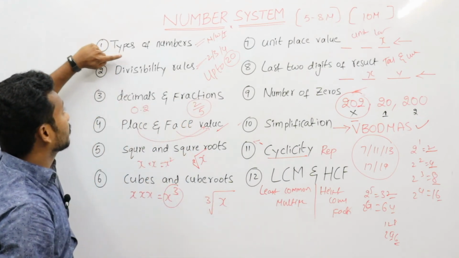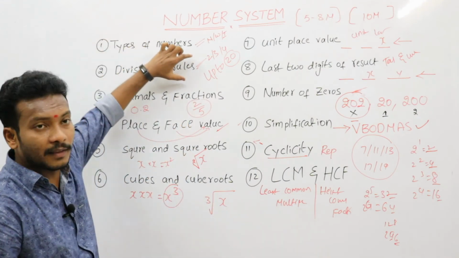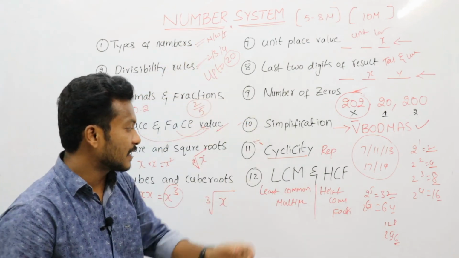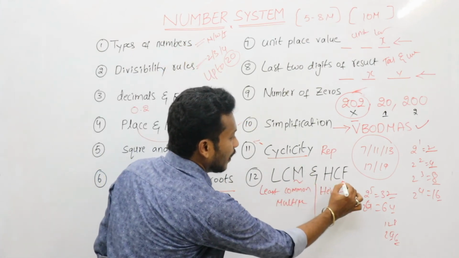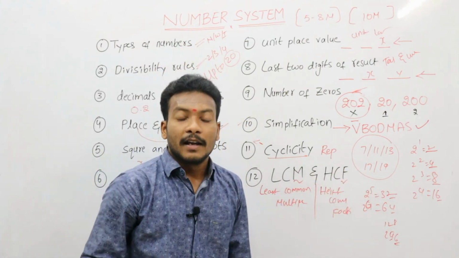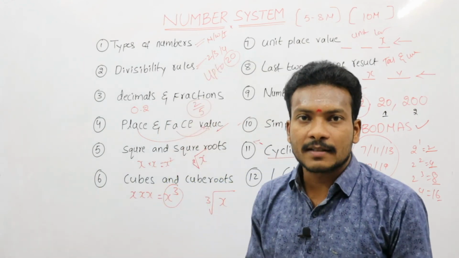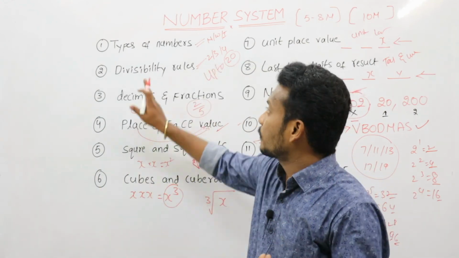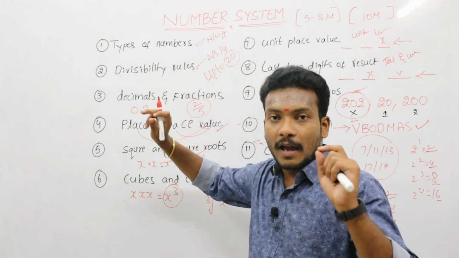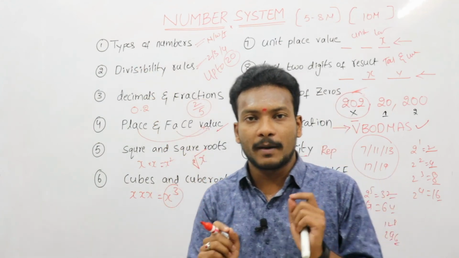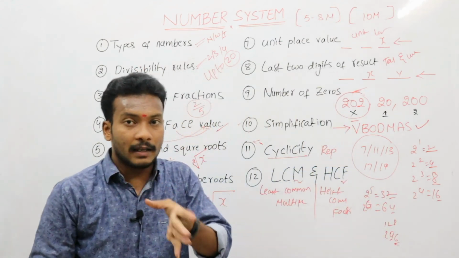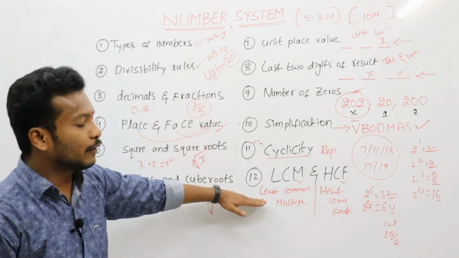First, after the divisibility rules, we are discussing what is meant by a multiple and what is meant by a factor. Depending upon factors, the numbers are of two types. We are discussing one by one the 12 topics.